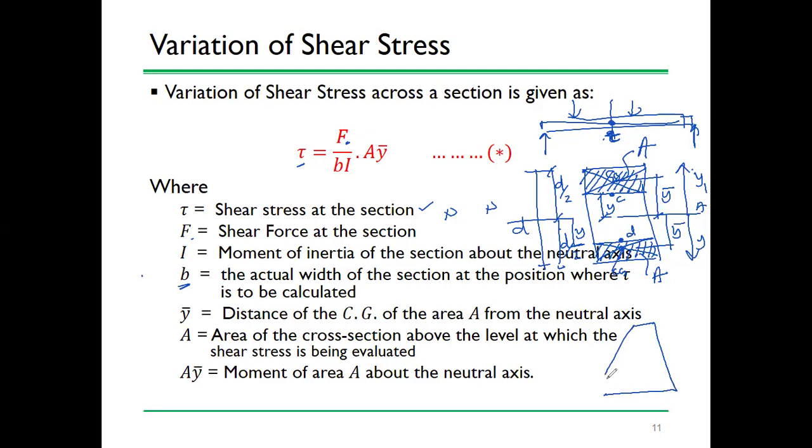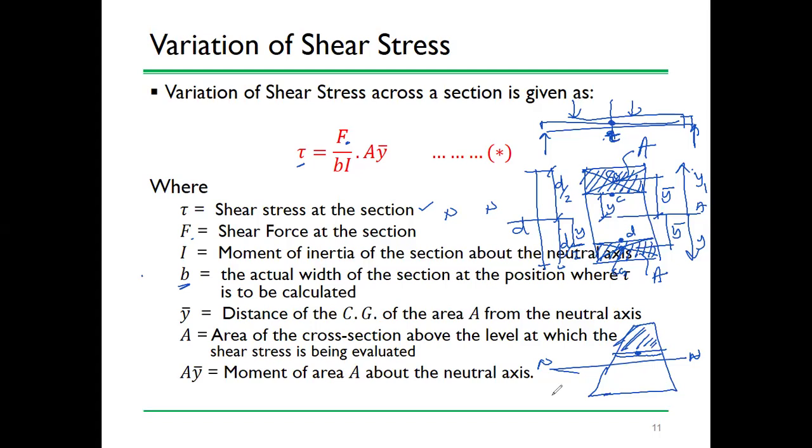If I take this to be another section, and this is the neutral axis, and I am finding the shear stress at this point, then everything above that line is my area. That's how you consider it: at any point, all the area above is considered as your area in question.